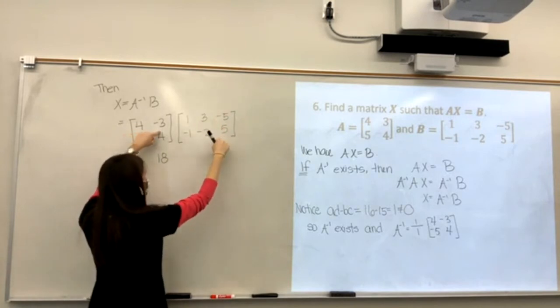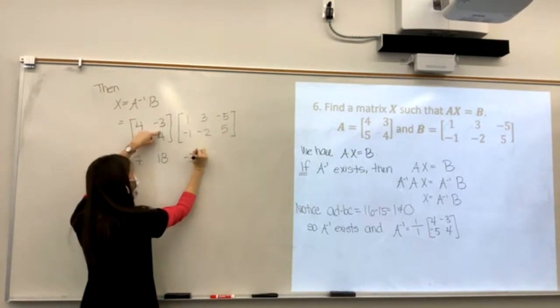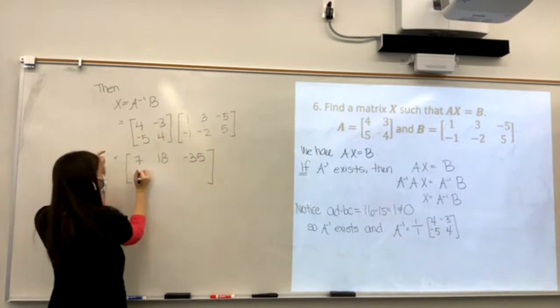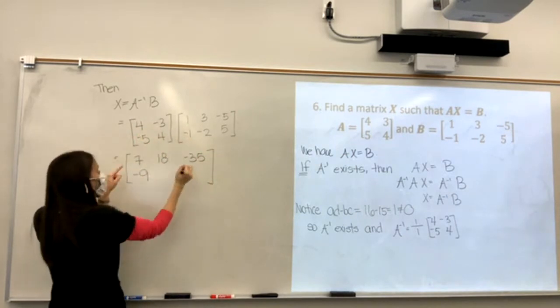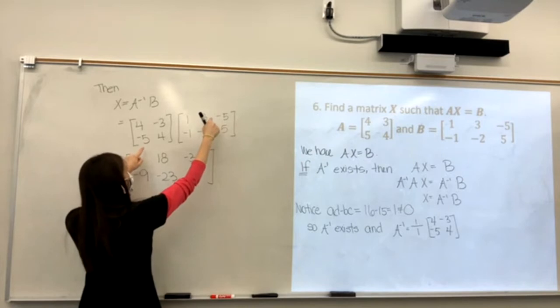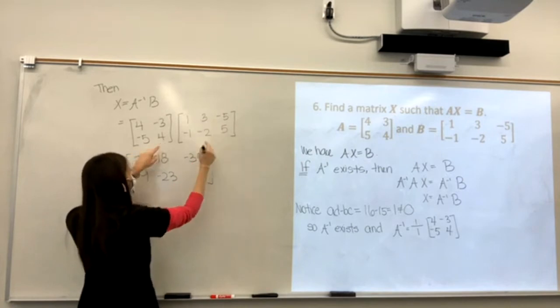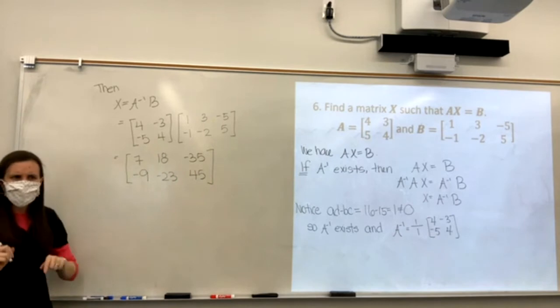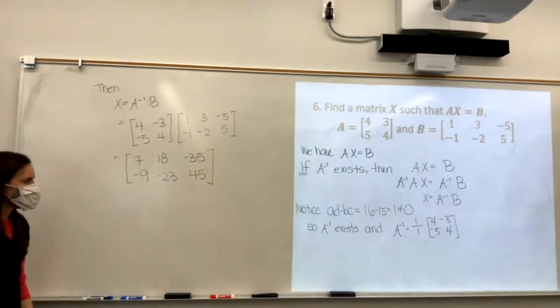Minus 20 minus 15 minus 35. Minus 5 minus 4. Minus 15 minus 8. And 25 plus 20. Did I do all that right? Was it okay, everybody? Okay.